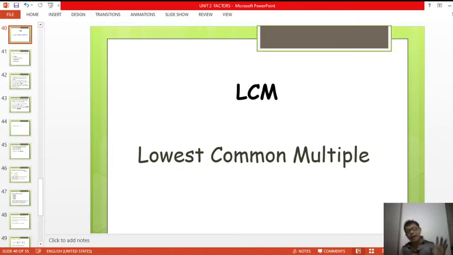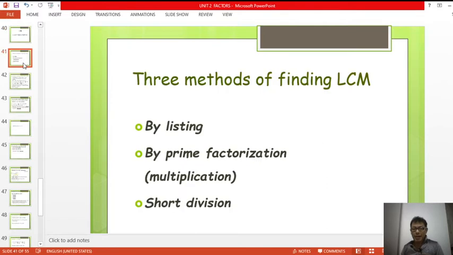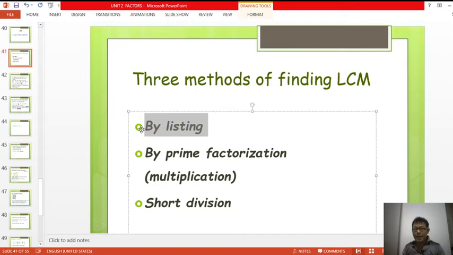By the way, in finding the lowest common multiple, there are three methods: by listing, by prime factorization or multiplication, and short division. Today we'll be discussing listing. This is our topic for today.